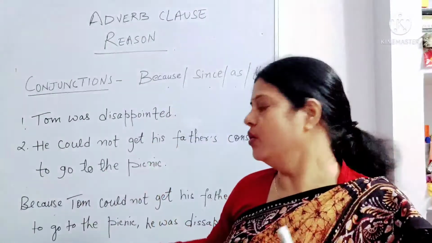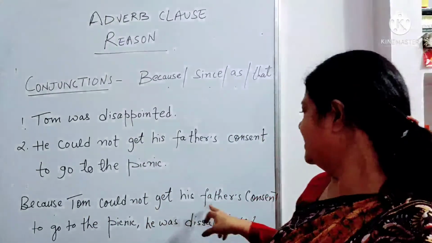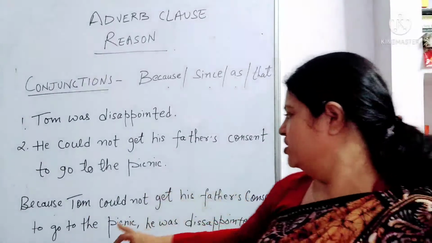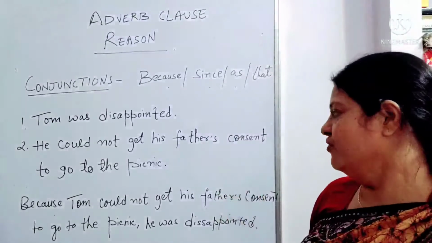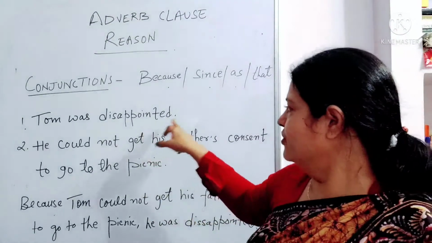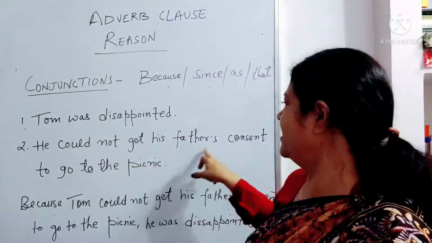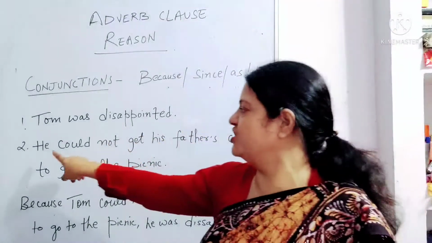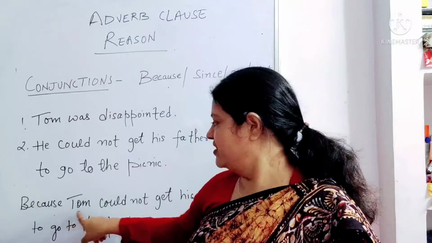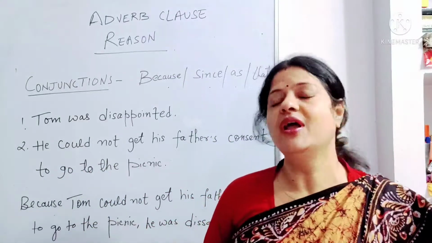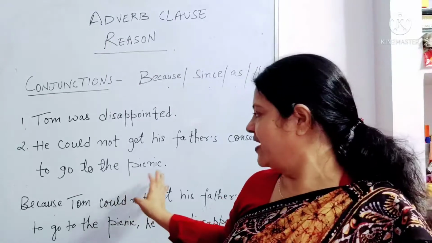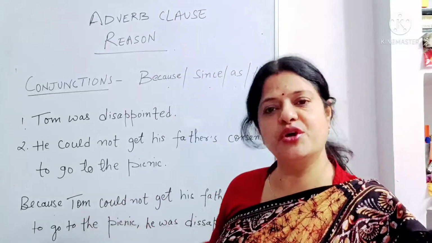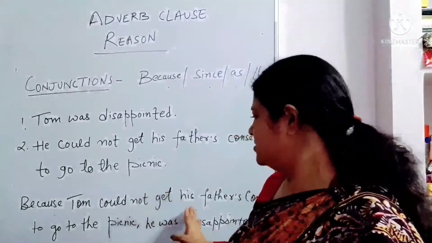Now I have joined these two sentences by using an adverb clause conjunction. It has now become: Because Tom couldn't get his father's consent to go to the picnic, he was disappointed. First of all, Tom was disappointed. He could not get his father's consent. I have written Tom instead of he, because this is the first time I am introducing Tom, so I must write Tom instead of he. So what did I do?